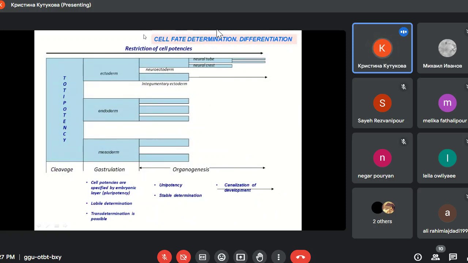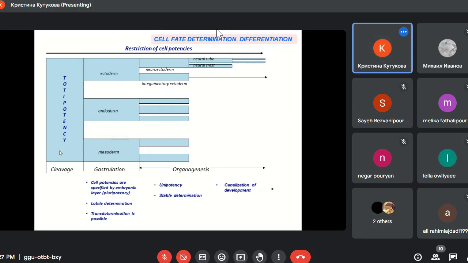Next, self-aid and determination and differentiation. What do these words mean? During the cleavage of the zygote, the first cell of the embryo, when the blastomeres are formed, all of these blastomeres are totipotent. So here you have totipotency. Potency means the ability to develop in different ways.